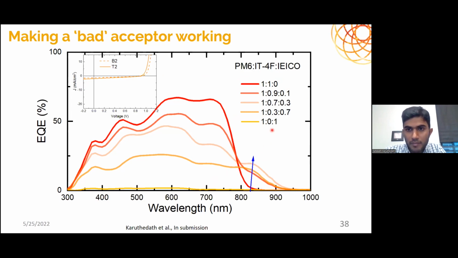And when you keep adding more IT4F content, from yellow to red, you can see that there is a rise in this region, which is not coming from IT4F, because this is not the region where IT4F absorbs. So that's why we proposed a model that it's actually the average weighted IE offset that matters in the ternary organic solar cell.